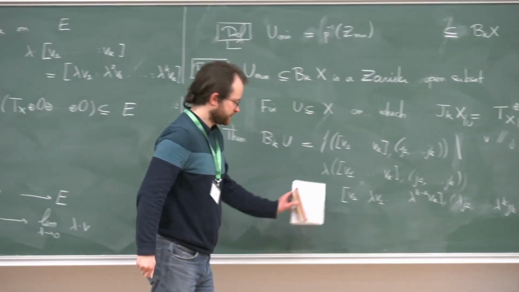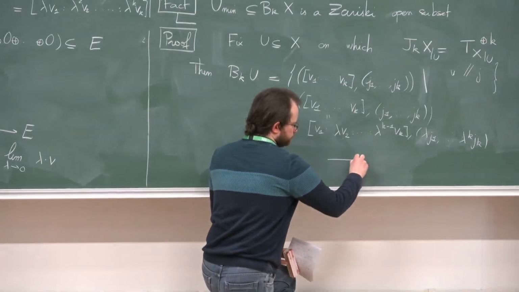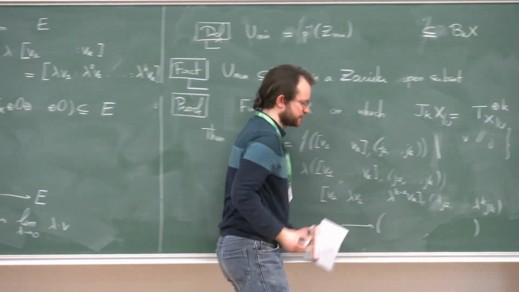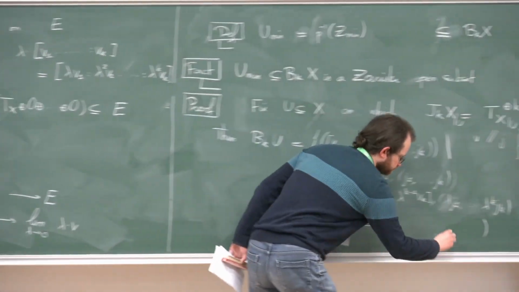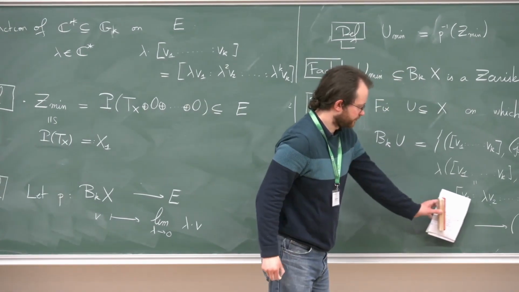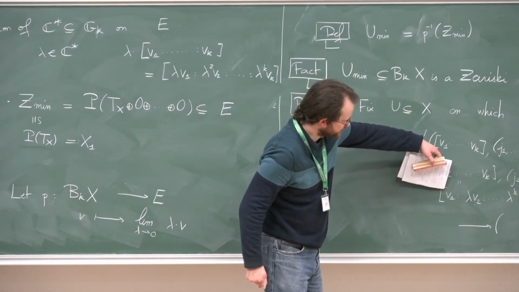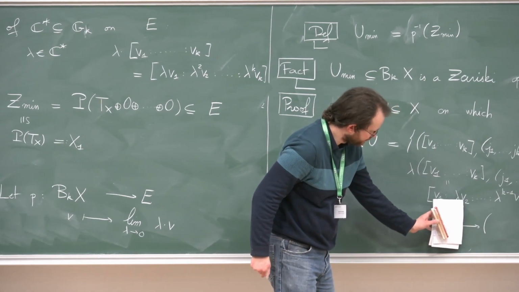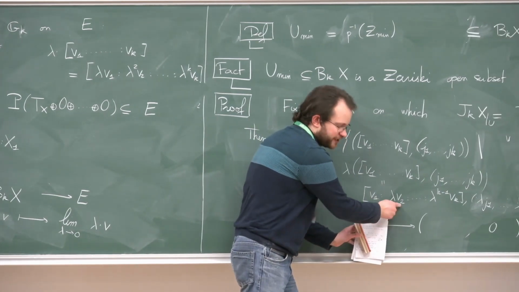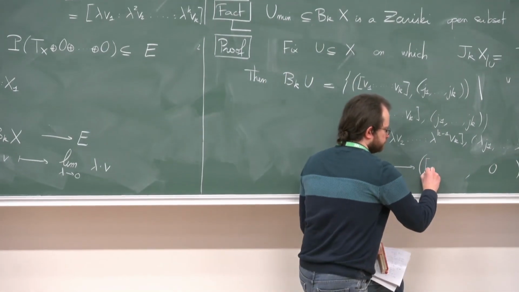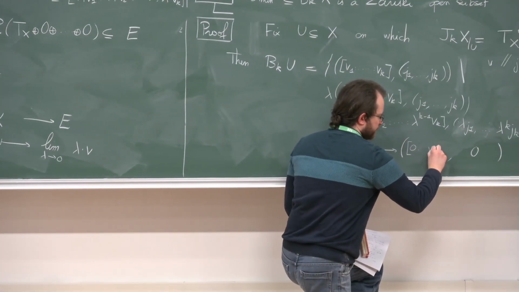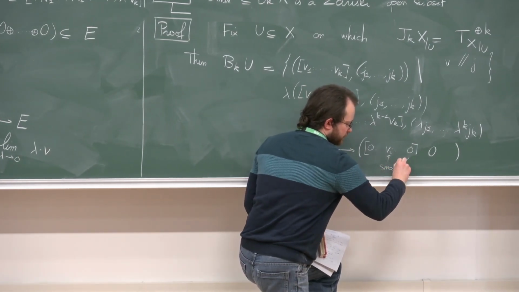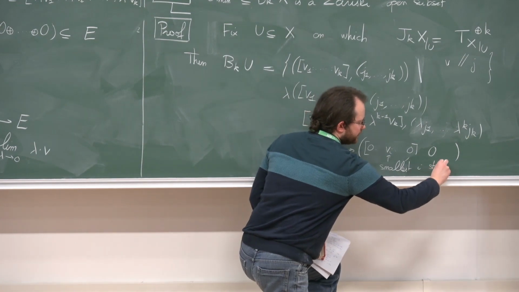And so if I take the limit as lambda goes to 0, what do I find? I find a couple again. On the second part, I have, of course, 0. And what do I have for the first one? Well, actually, you will get a non-zero vector with 0 everywhere, except at the first step, where Vi is different from 0. And this is the smallest i such that Vi is non-zero.